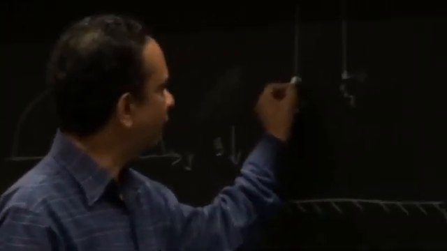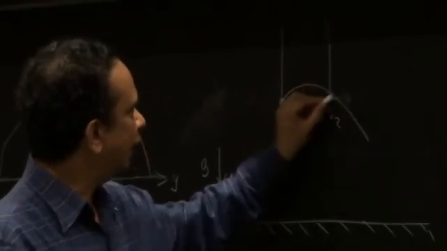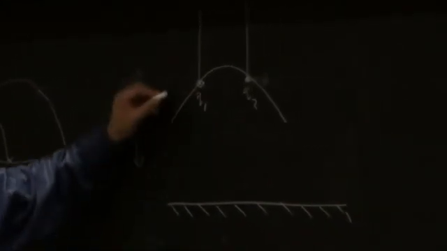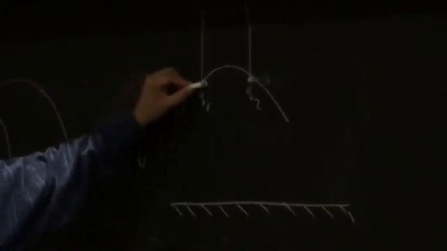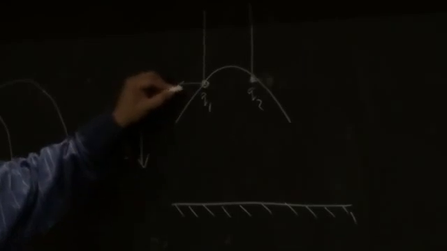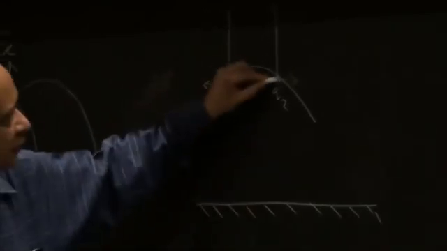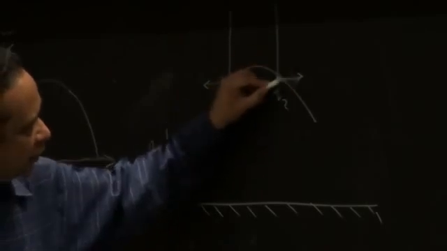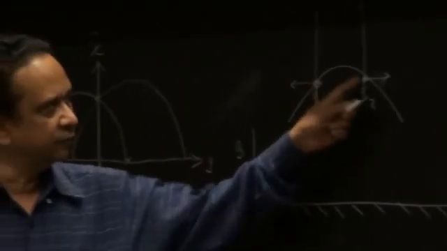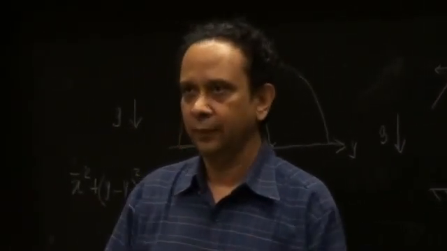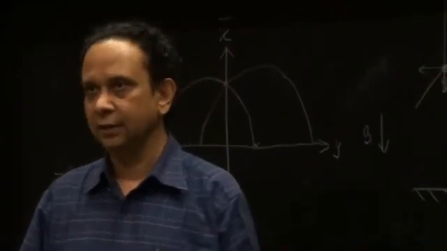So if you take the field line from this, it will go like this, and the field line from this will go like this. Now you are in for something interesting. Because of this weak gravitational field, the electric field here has a component in this direction and a component in this direction. This has a component in this direction and a component in this direction. When you add up the two, these two will cancel, but there is going to be a net force because of this downward direction.